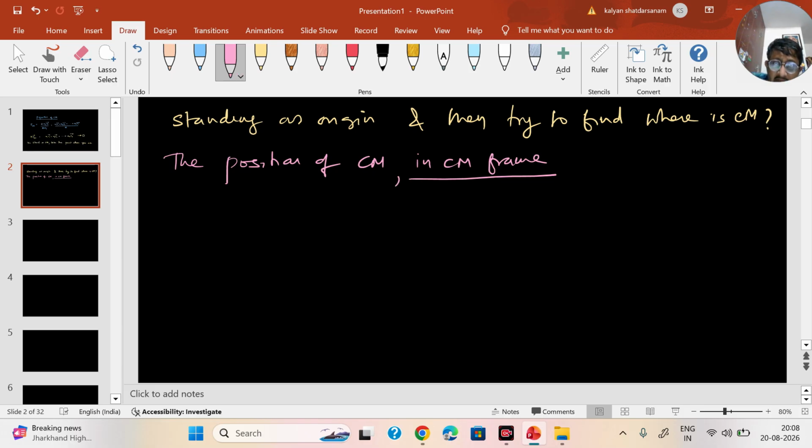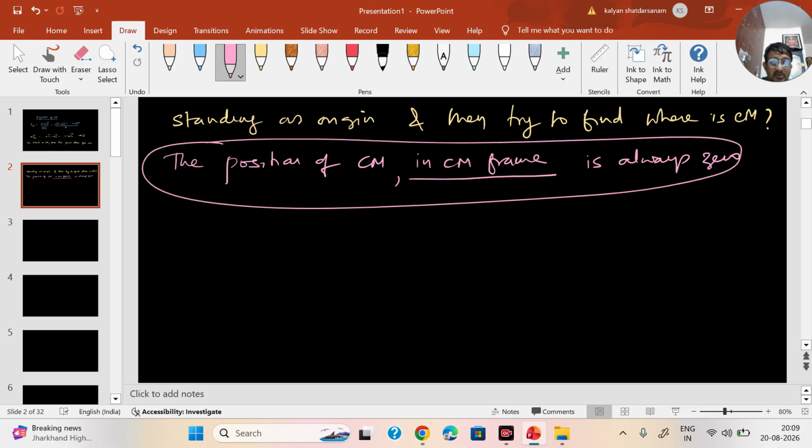You didn't know that, but you just casually took origin somewhere and it happened to be the center of mass. So position of center of mass in center of mass frame is always 0. This is the statement. If you are standing at center of mass and trying to find the position of center of mass from your location, it will be 0.